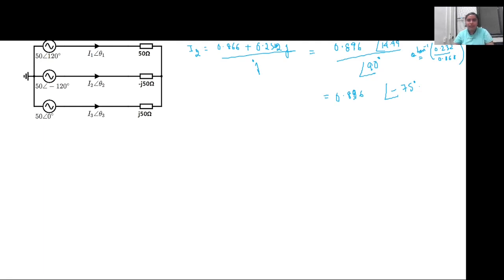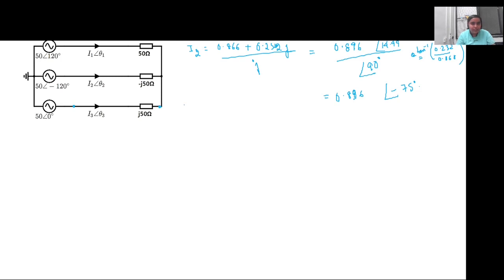Has everyone calculated this? Yes, ma'am. Okay. So make sure you calculate it properly, because this numerical is very straightforward, but a lot of minus signs will come up here and there and you might make a mistake. So solve it systematically and carefully.